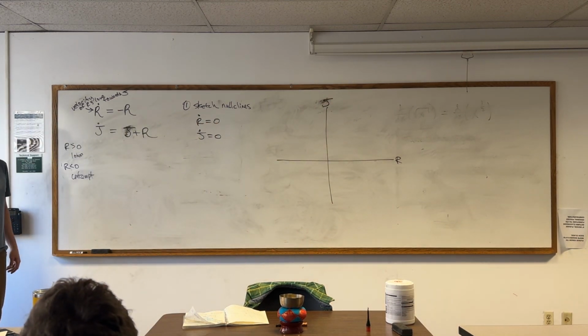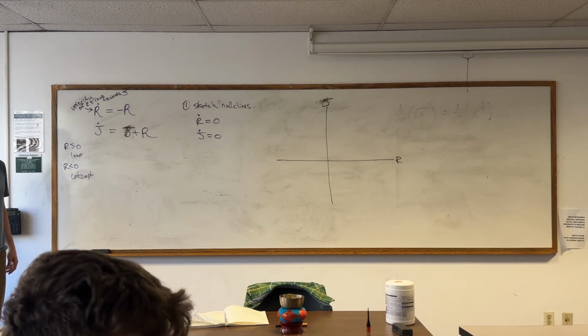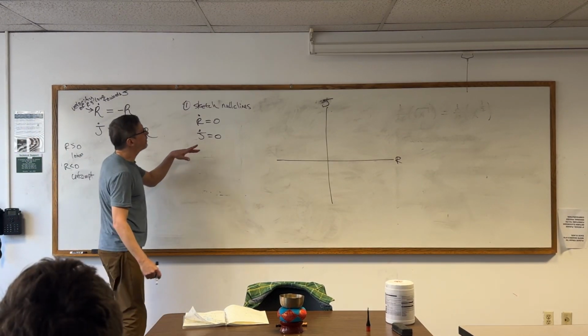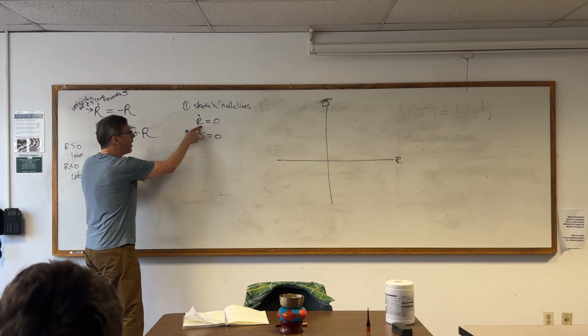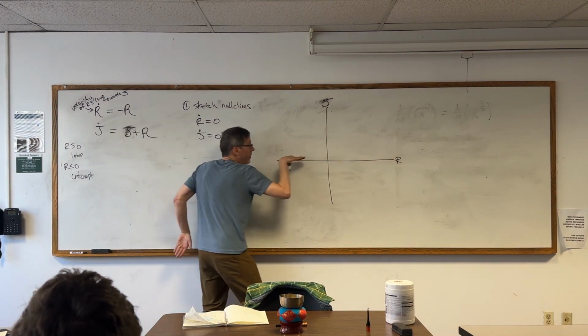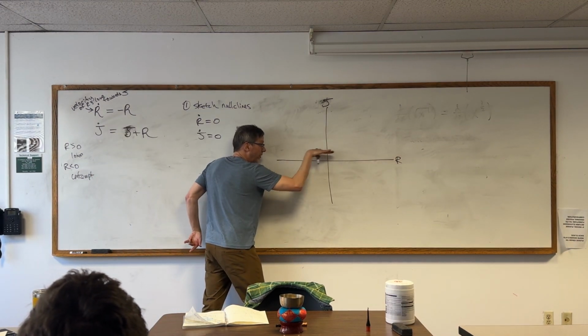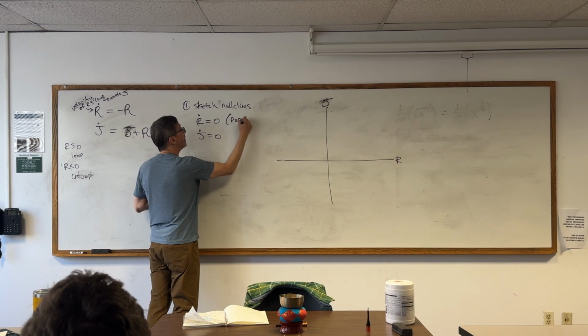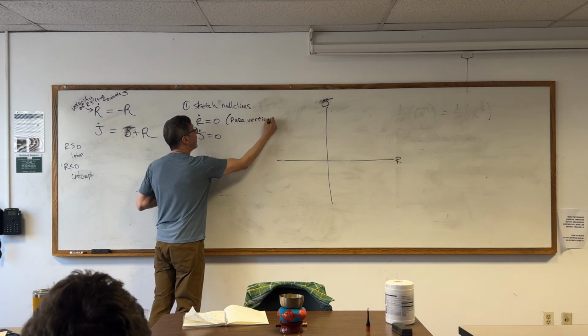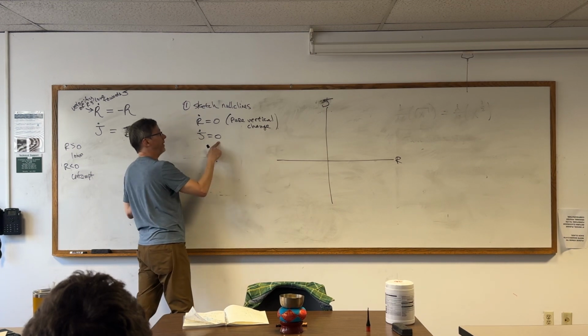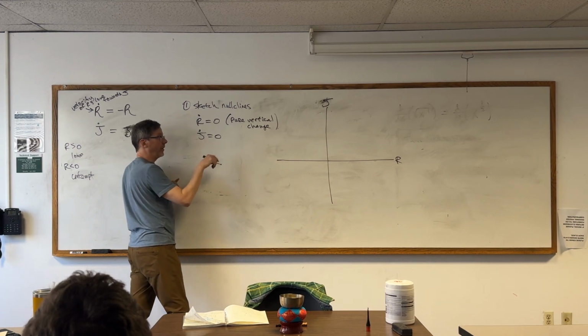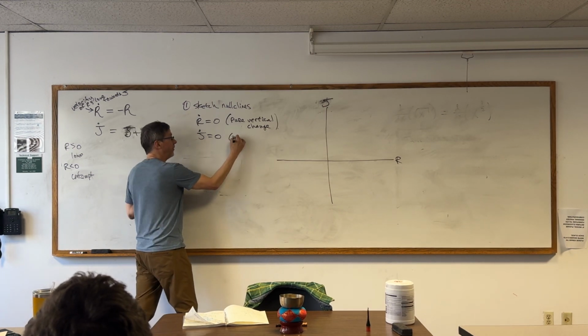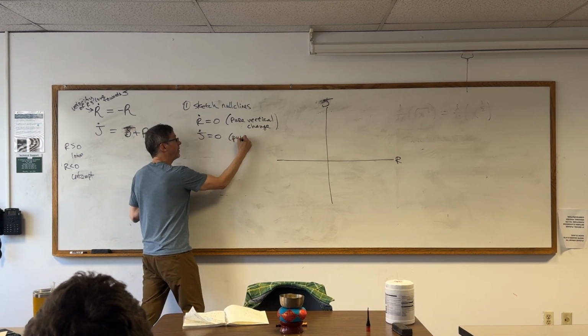So if R dot equals 0, that means there's no change in the horizontal component. So there's only pure vertical change. And then where J dot is equal to 0, we have pure horizontal change because there's no vertical component.